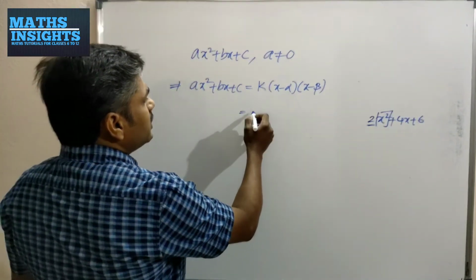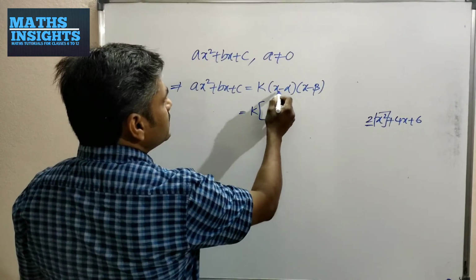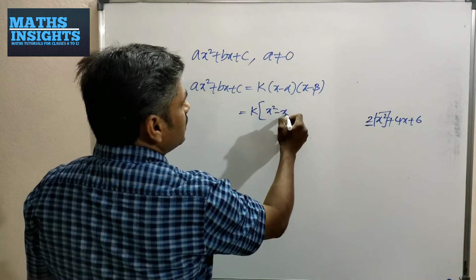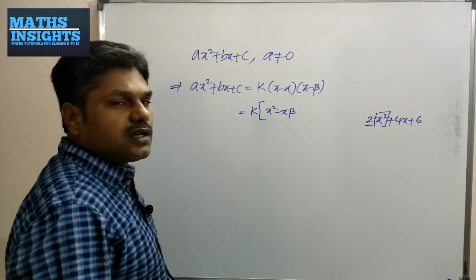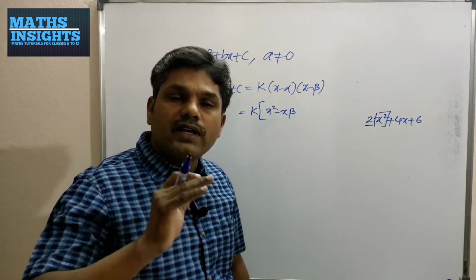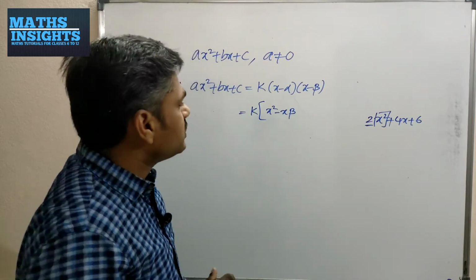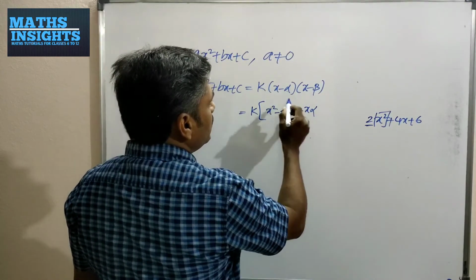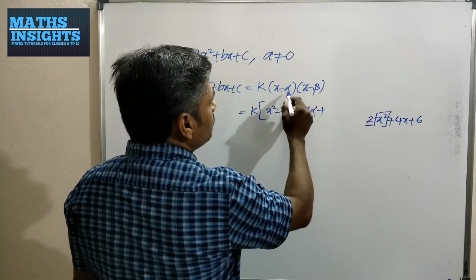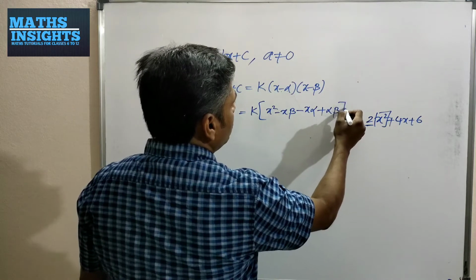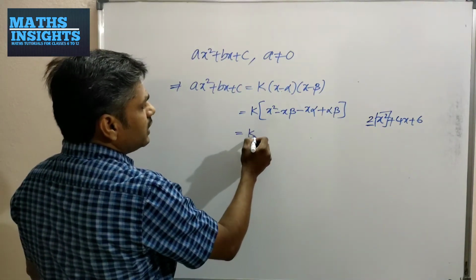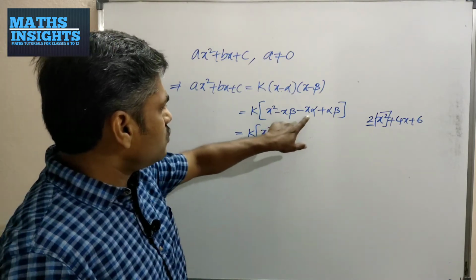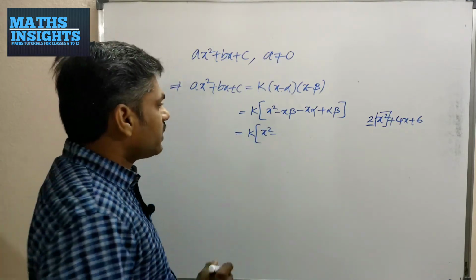Now I am multiplying k into x into x, which is x square, minus x into beta, beta x. These alpha and beta are Greek letters which I am using here, minus alpha into x, x into alpha. See, minus into minus will become alpha into beta. That is equal to k into x square minus, in these two terms I have x as my common factor.